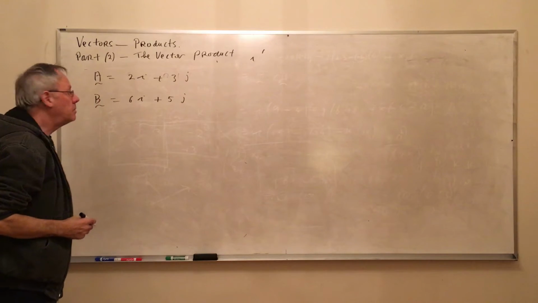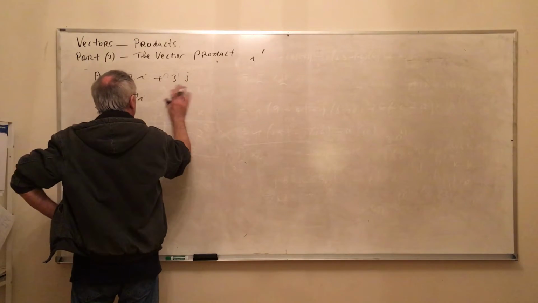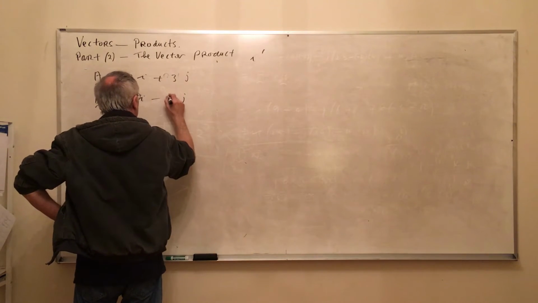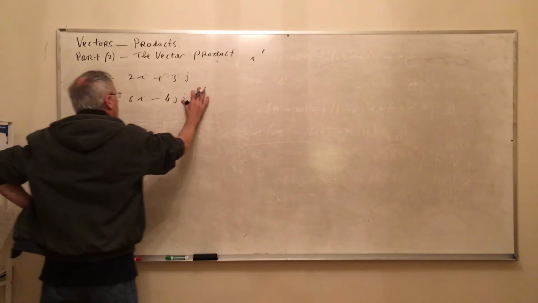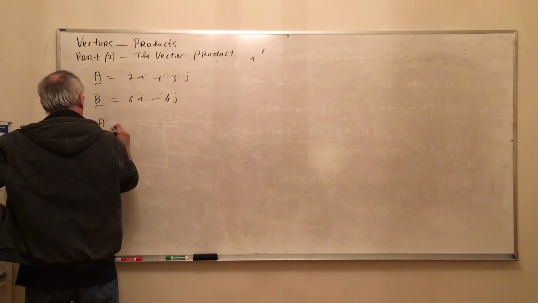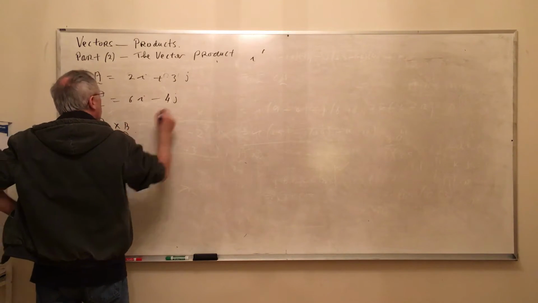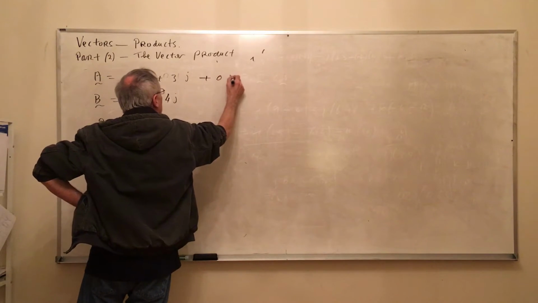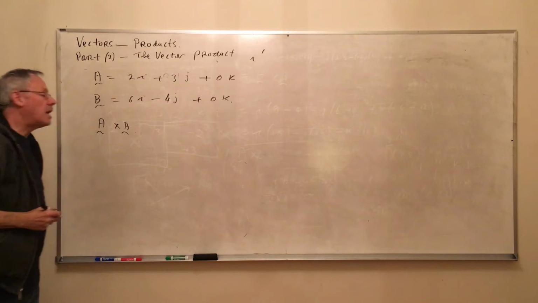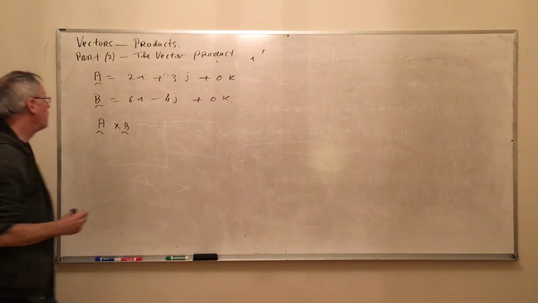Take these two vectors. Just like that. Neither of these two vectors have k components.